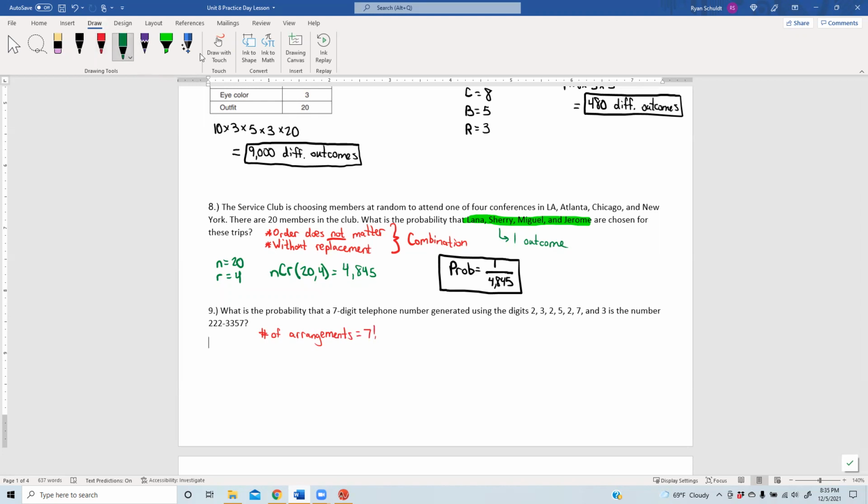But over here, you'll notice we have repeats. So the 2, we have 3 2s. And then we have 2 3s.